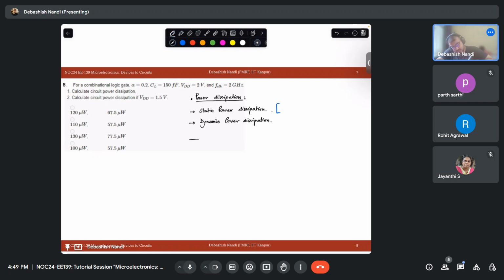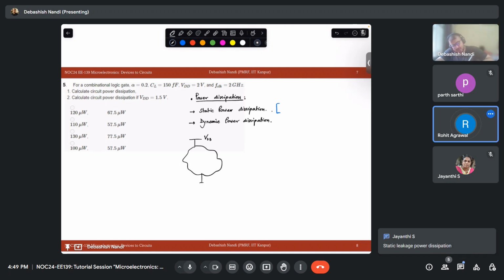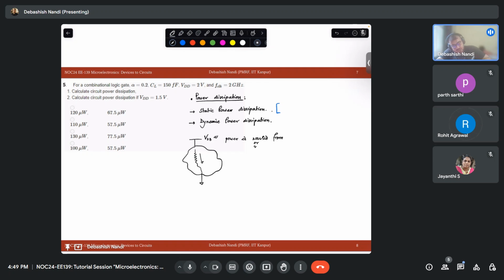You have some VDD connected to some circuit, right? And this is ground. So if you have a path from this to this and current is flowing, that means the power is wasted or used from the supply.